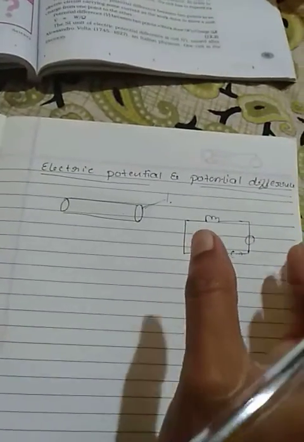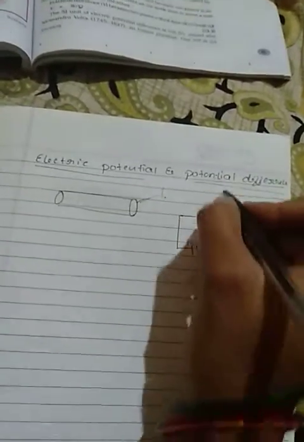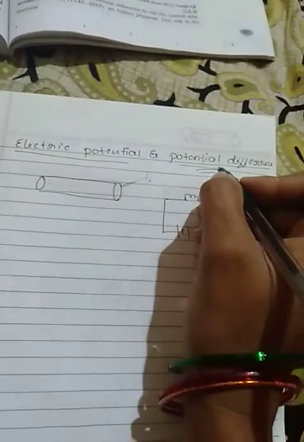That difference of electric pressure is called potential difference, the potential difference along the conductor.